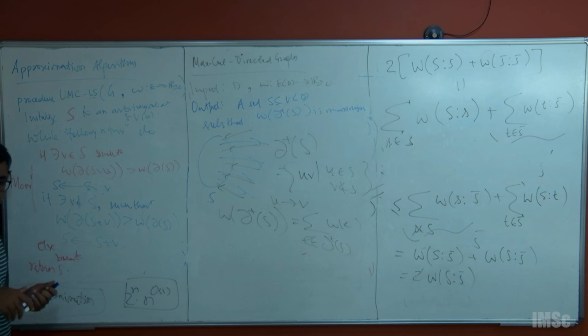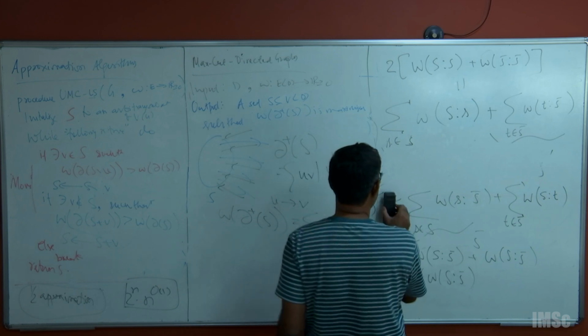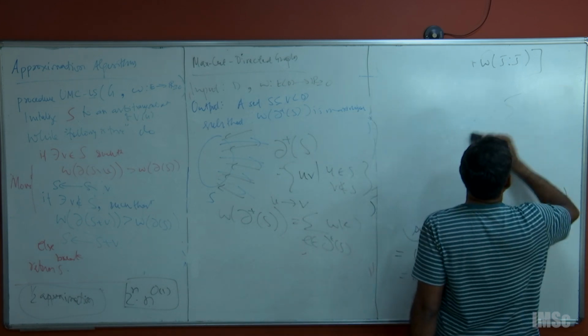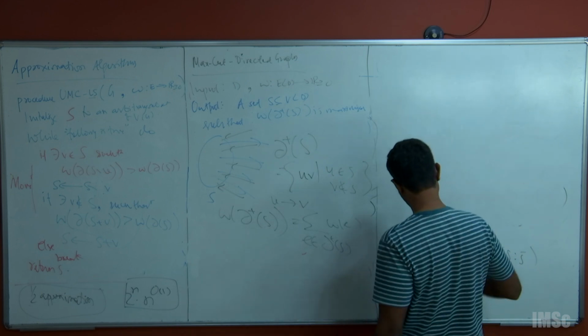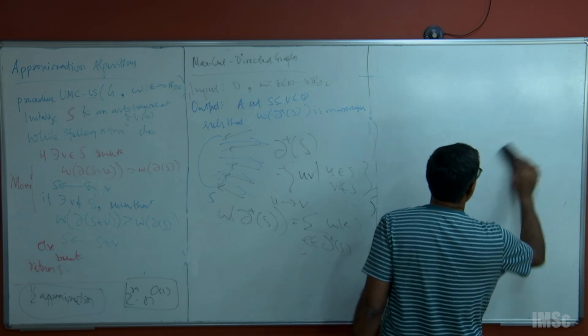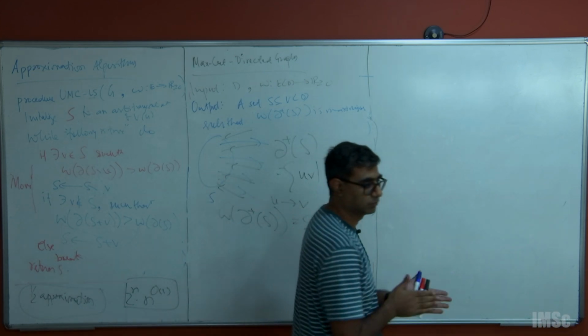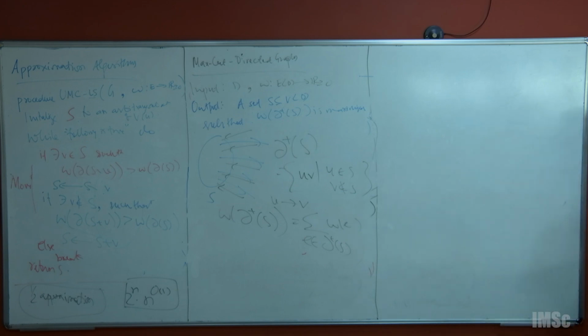Can this problem also be done? Do we know any algorithm for this problem? Can we model it as unconstrained submodular maximization? Do we know how to prove that this is submodular?